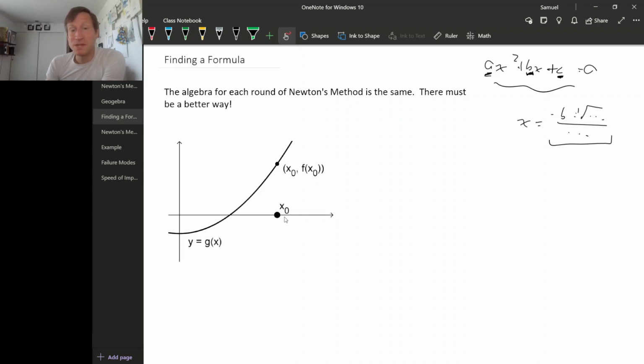Instead of starting with a particular number for our first approximation, let's just start with some named constant, x sub 0, and instead of a particular function, let's just start with the function f. Now, of course, we won't have a formula for f, so when we talk about the derivative of f, we'll just have to write f prime, but that's okay.